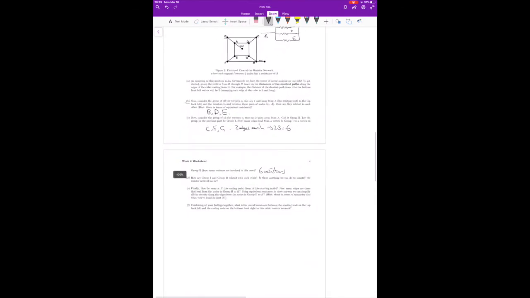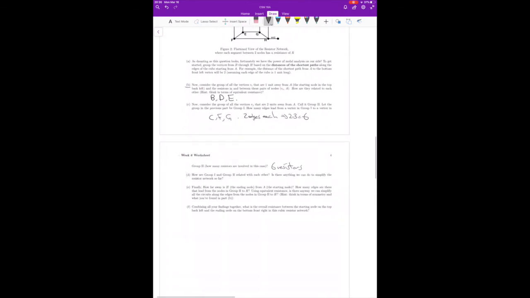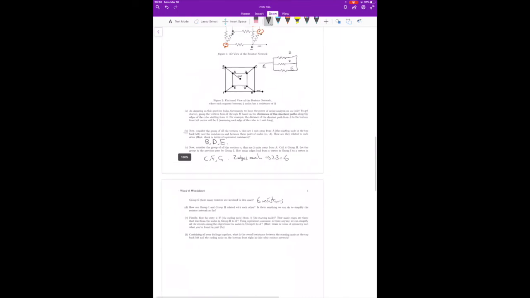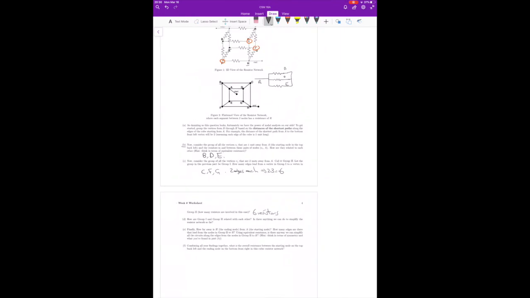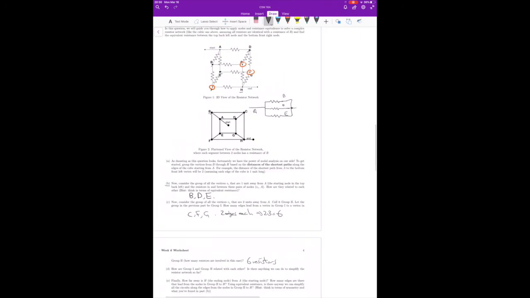Okay? And how are group 1 and group 2 related to each other? Well, group 1 is right here, and you can draw an edge from group 1 onto any one of the nodes in group 2. So there are 6 different paths.